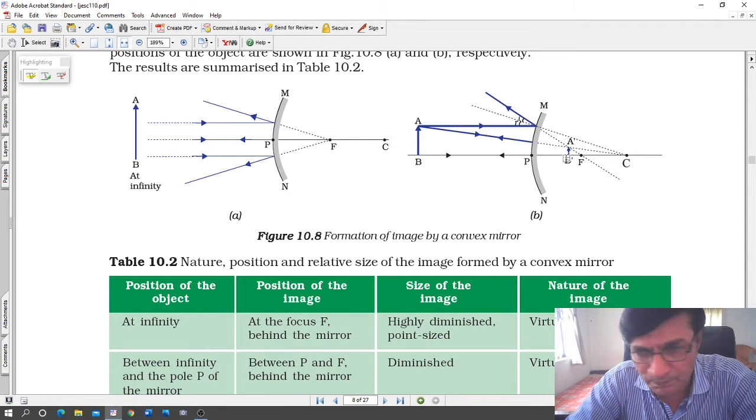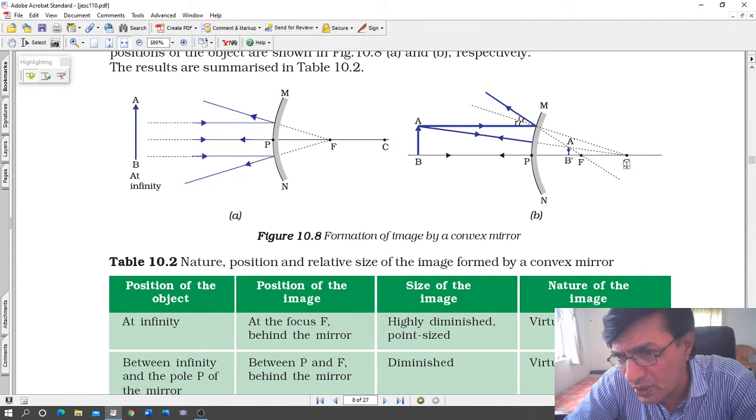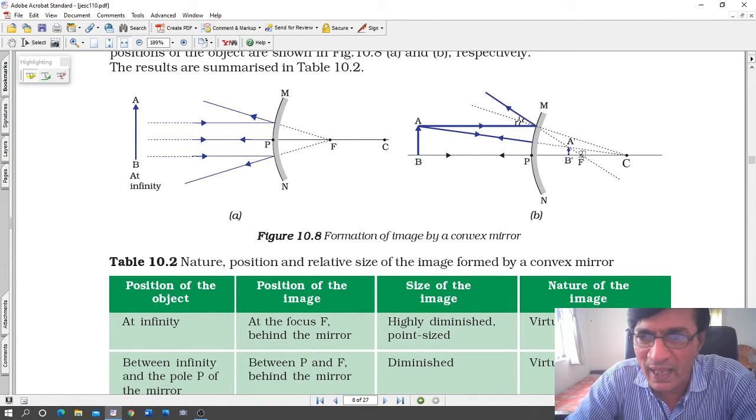After reflection, when it is extended backwards, it hits the focus, and similarly one ray of light goes through the center of curvature, and the place where the two rays meet, an image is formed. That image is again highly diminished, very small, but it is not point-like. Also, it is a virtual and erect image.